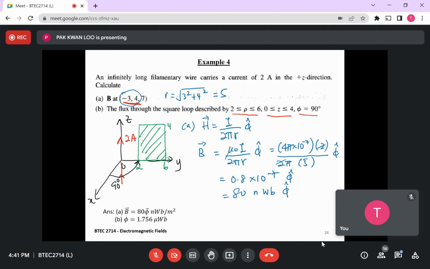So the differential area should be written as dr dz.